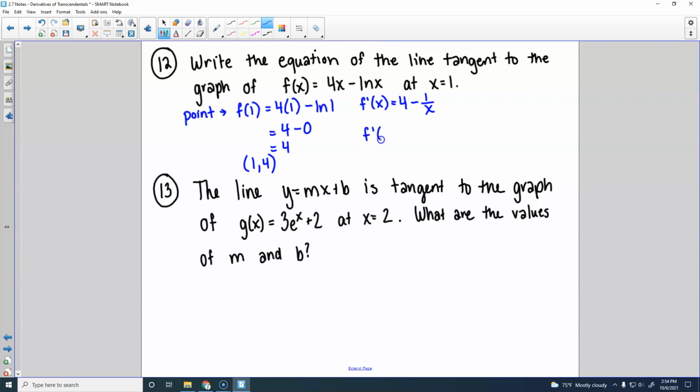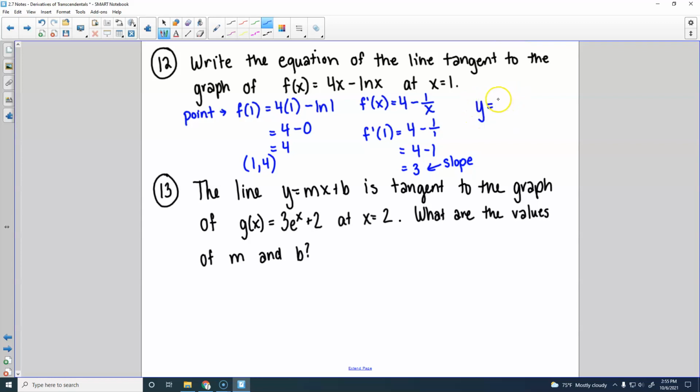F prime of 1, and I'm going to label it, even if my name is Daniel Bautista and I'm too cool to label things. All right, so we get 3. 3 is what we just said? Slope. Right, which we found by the derivative.